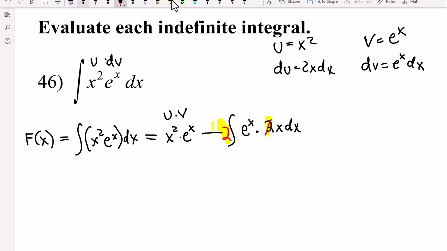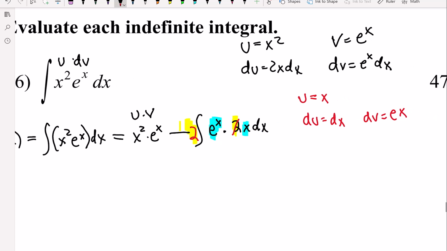Okay. Now look at what we have. We have e to the x times x, so we're going to have to do this process again. So our u will be x, our du will be 1 dx, or just dx. Our dv is e to the x dx.